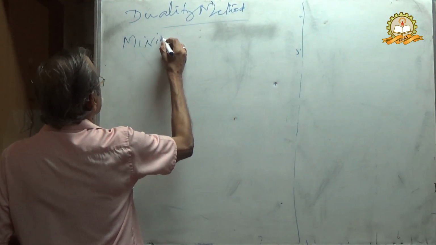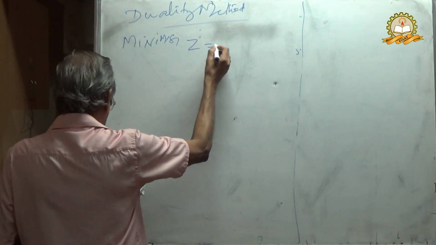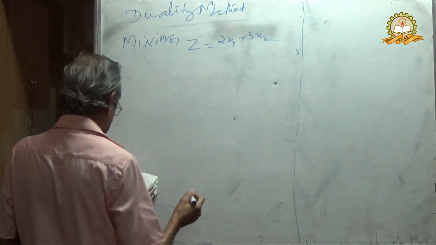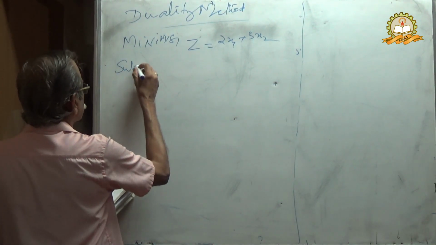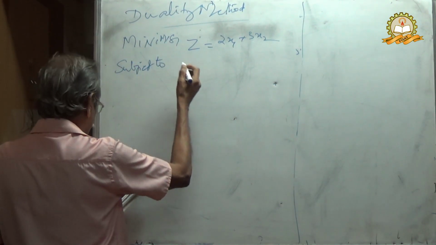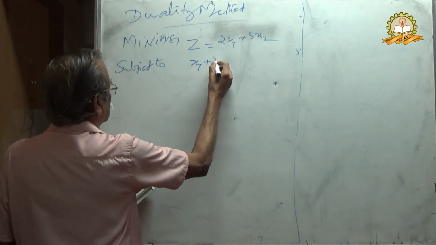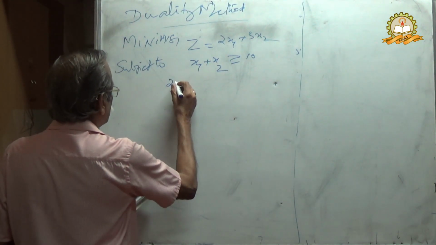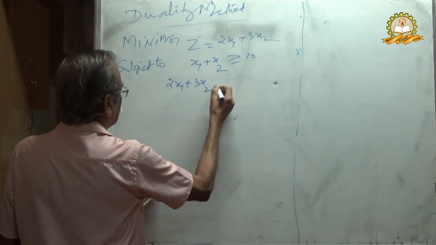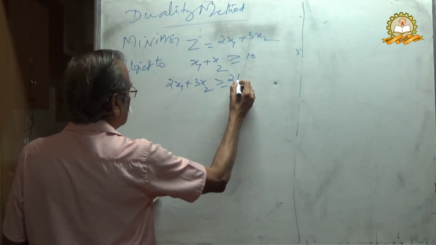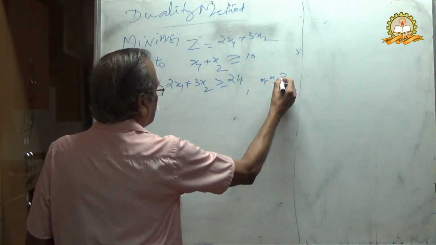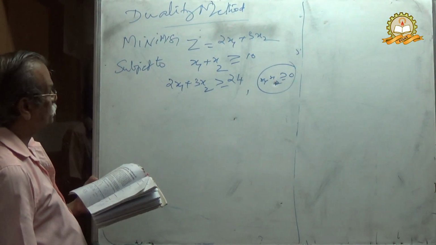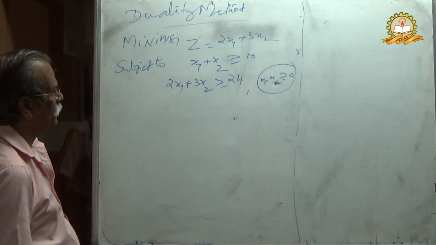Minimize z equal to 2x1 plus 3x2, subject to constraints x1 plus x2 greater than or equal to 10, 2x1 plus 3x2 greater than or equal to 24, x1, x2 greater than or equal to 0.